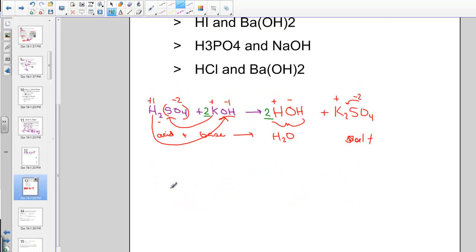When HI and barium hydroxide react, so here we have hydroiodic acid, HI, H+1, I -1. And the base is barium hydroxide, BaOH taken twice. Here we have barium as a +2, hydroxide as a -1.